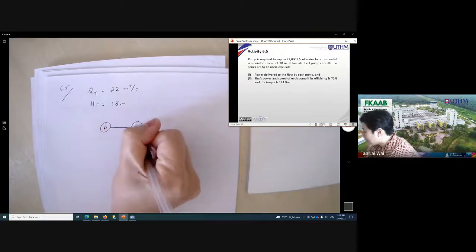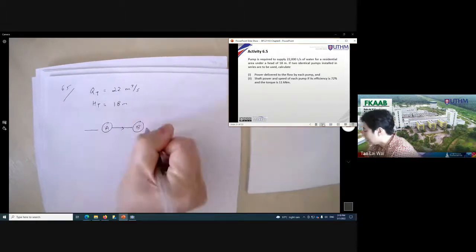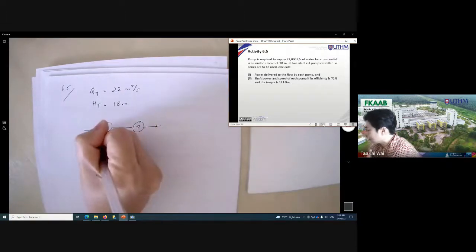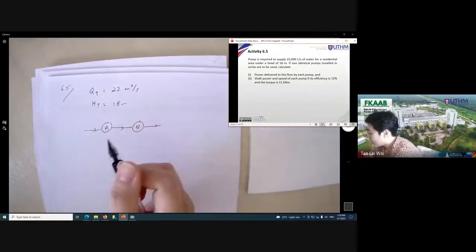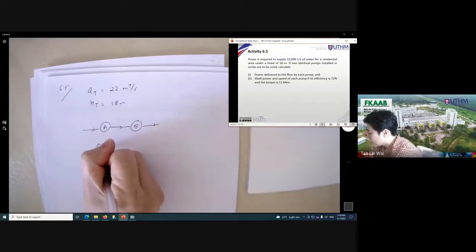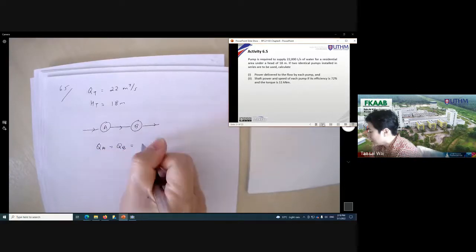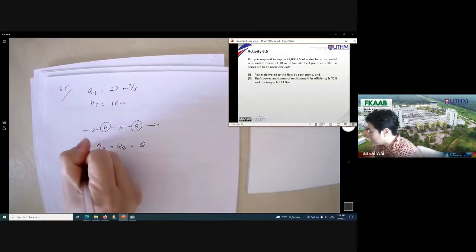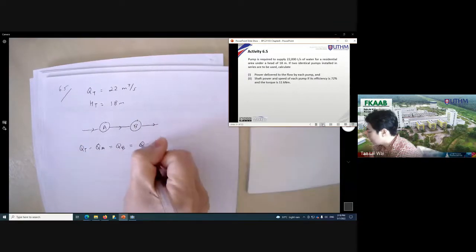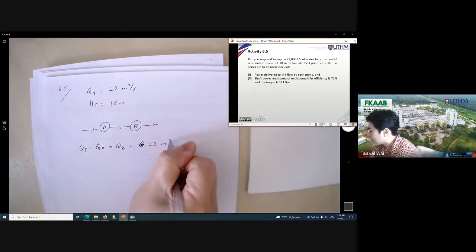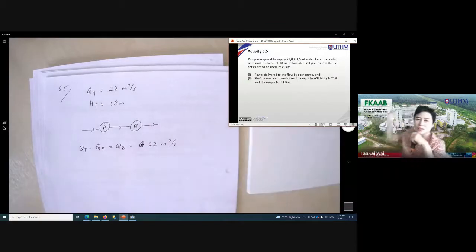Let's name it as pump A and pump B. Now in this case, you would know QA will be equal to QB will be equal to Q total, which is 22 meter cube over second. All right. That you know. And then the head.